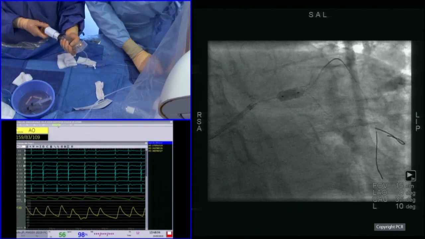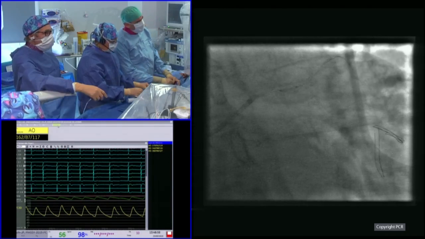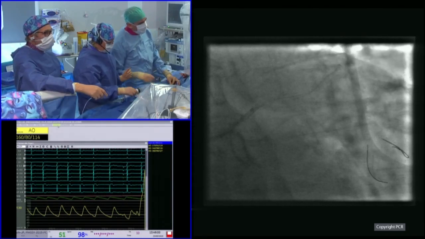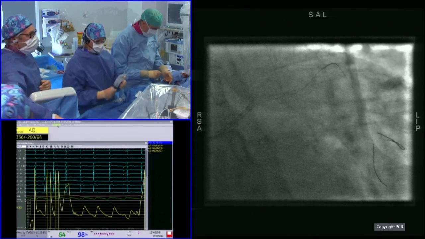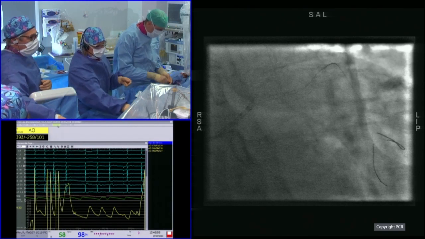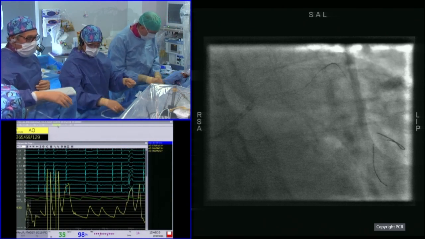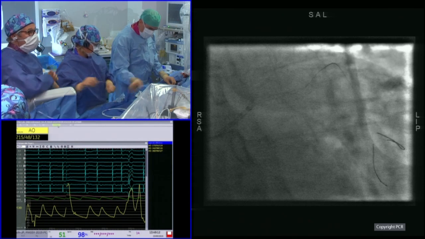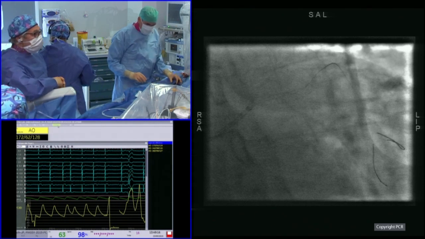Thierry, another question coming from the audience. Why not use OFDI to judge whether you need to do strut opening towards the circumflex? And let me expand on this. Why not use FFR, the functional significance of the residual lesion? I'm sure that FFR will be negative. The problem is not to have a positive or negative FFR.